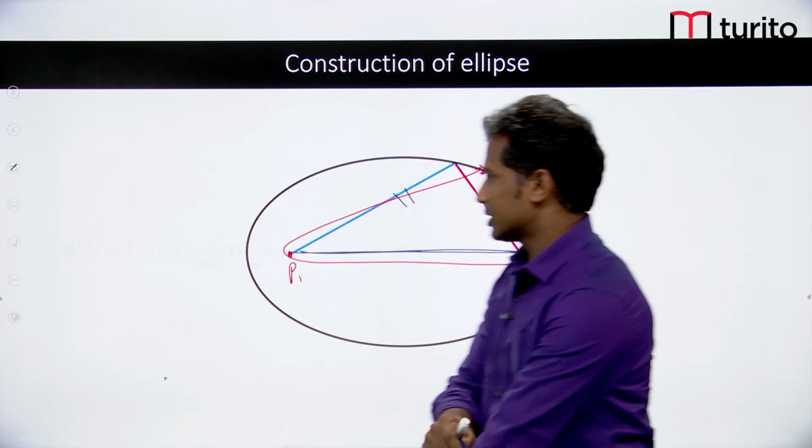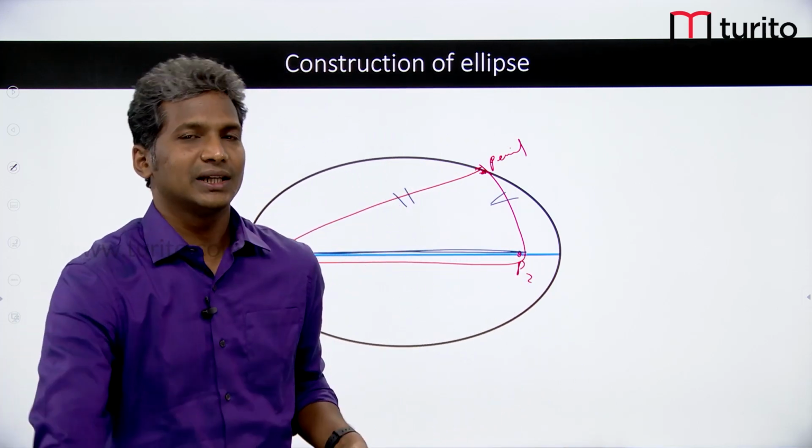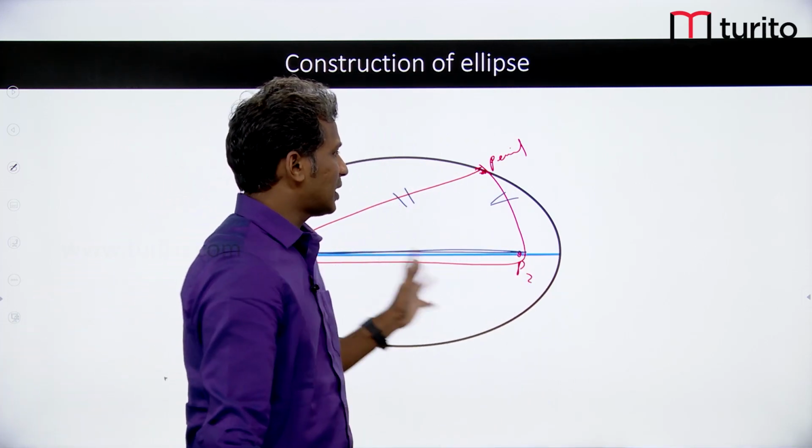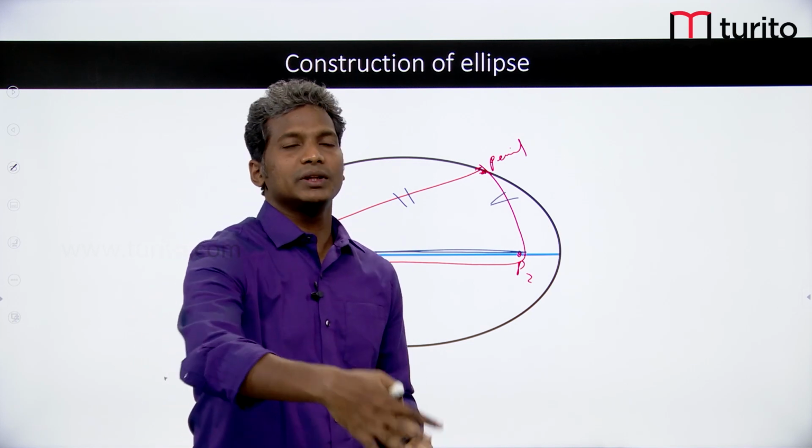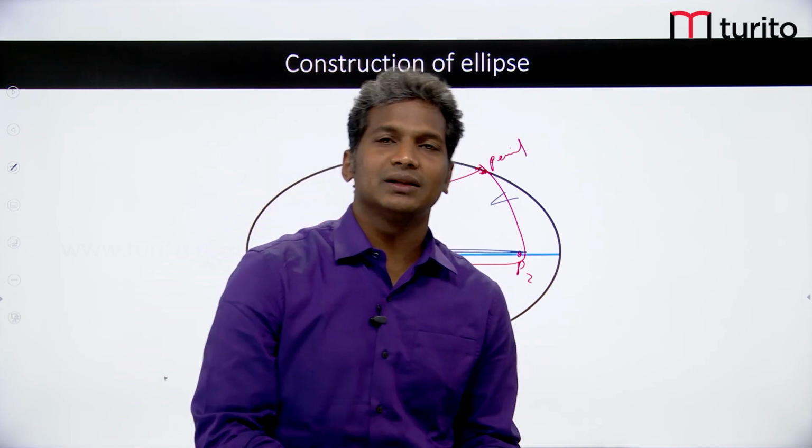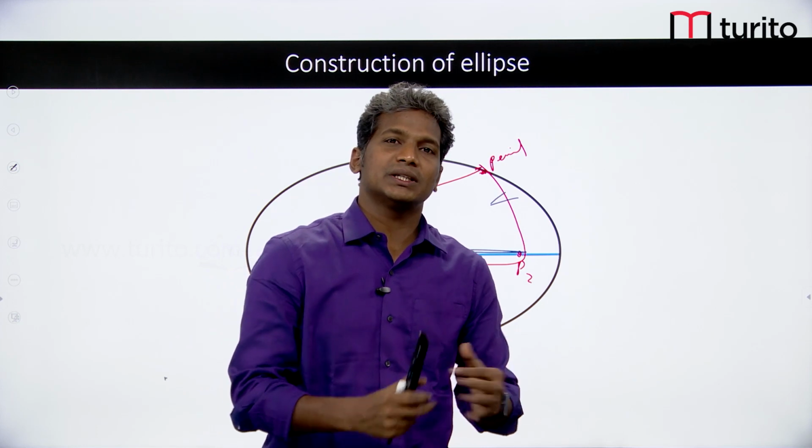So this is about how to construct an ellipse. I hope you have understood the idea. Now, we will move on with the standard terminology and the coordinates of general points and general discussion.